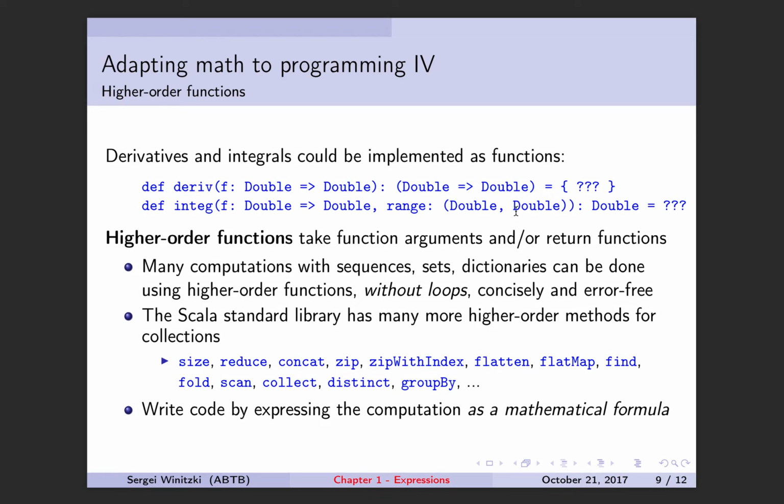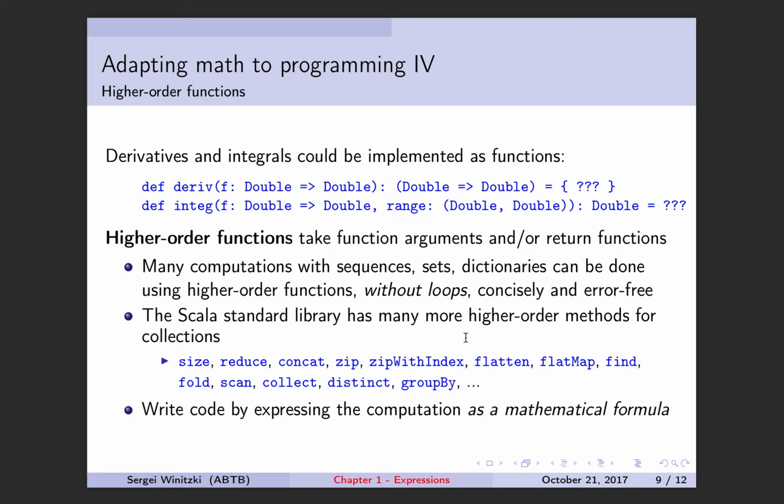Higher order functions are functions that take or return functions as arguments. They take functions, or as return values, they return functions. I explained that the Scala standard library has a lot of higher order functions that are very convenient for writing programs that operate on collections.